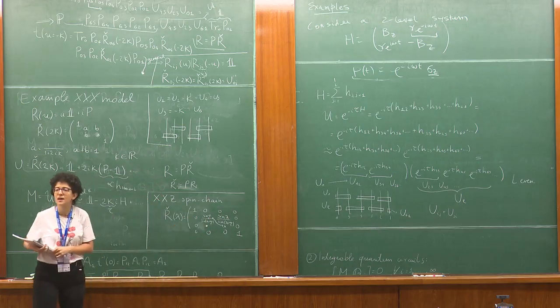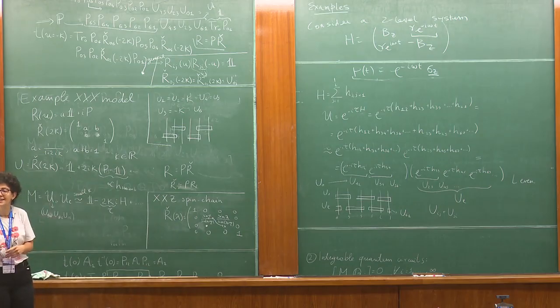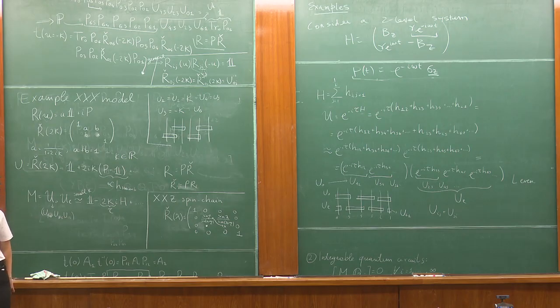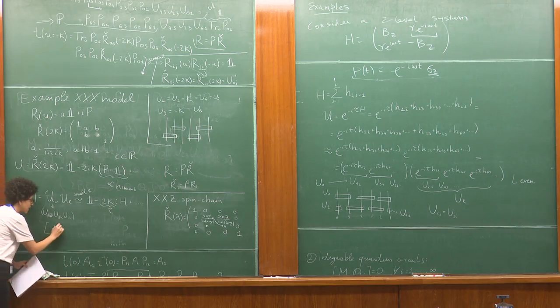So in this case, is it the generalized unitary evolution? Yes. If you take U to be unitary, then M will be unitary as well. And for integrable circuits, the commutator of M with Q should give 0. So for an integrable circuit, the commutator of M with all Qi will be 0.